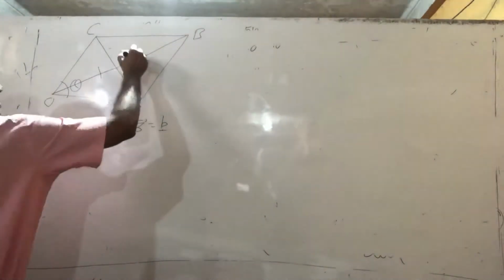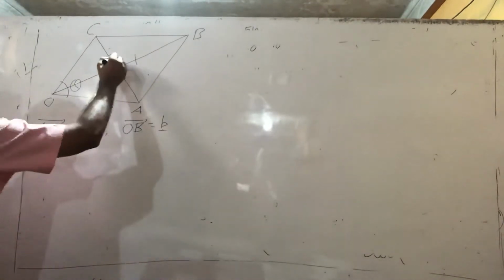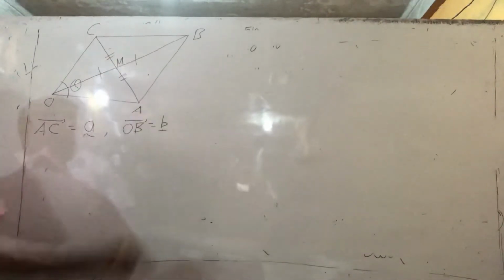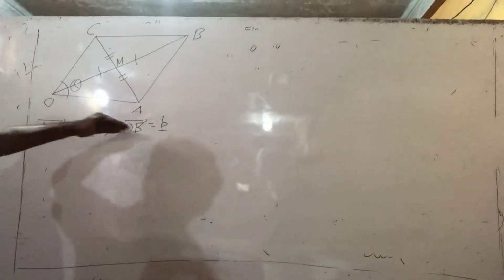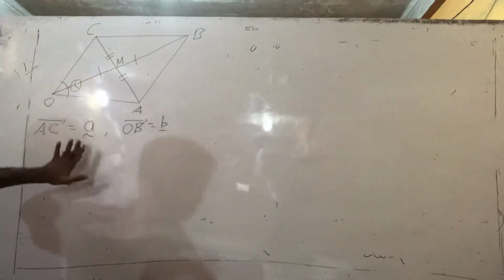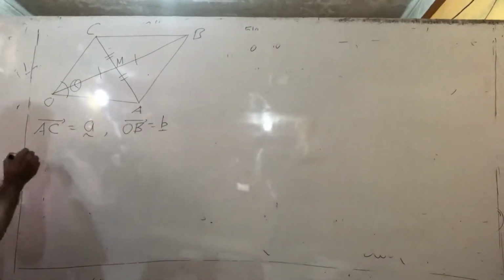You know, diagonals bisect each other for a parallelogram. If I mark this M, point M is the midpoint. So if I take this AC is vector A, AM is half of the vector A, right?